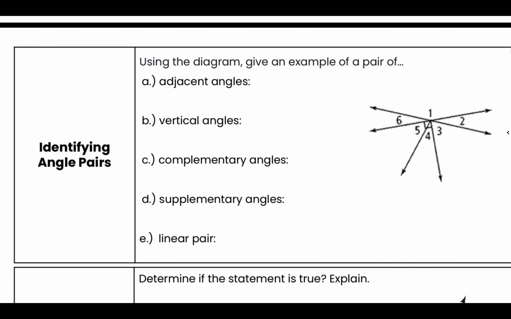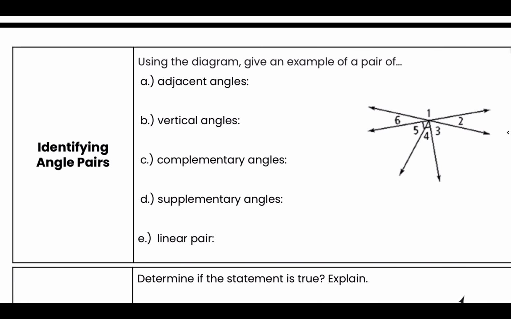Okay, so identifying angle pairs. Using the diagram given, we're going to identify examples of adjacent angles. For adjacent angles, we have lots of pairs. So we have angle 1 and angle 2, angle 2 and angle 3, angle 3 and angle 4, angle 4 and angle 5, angle 5 and angle 6, and angle 6 and angle 1.